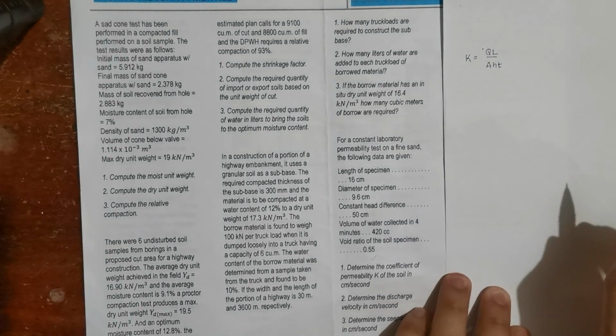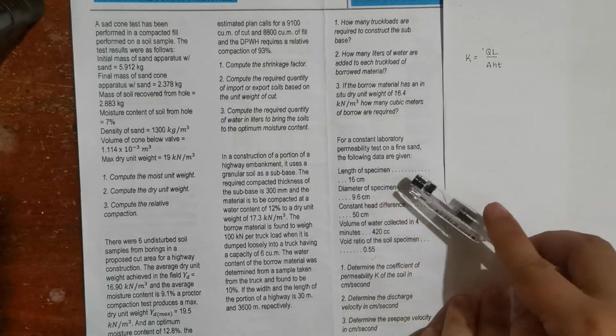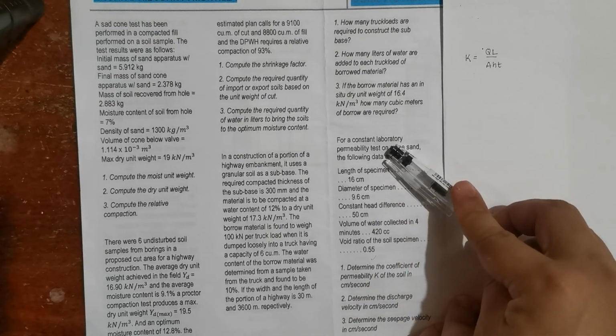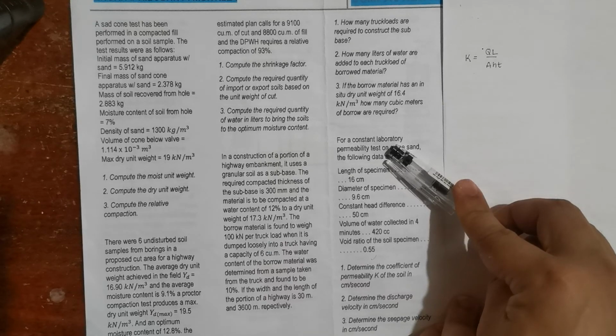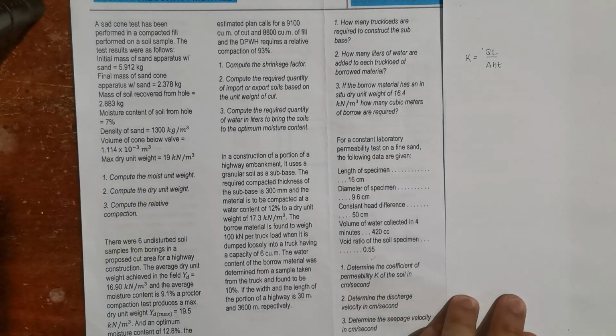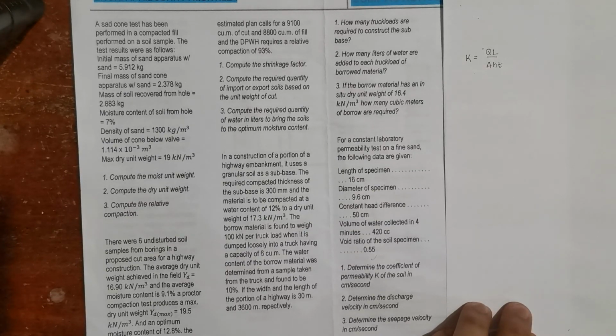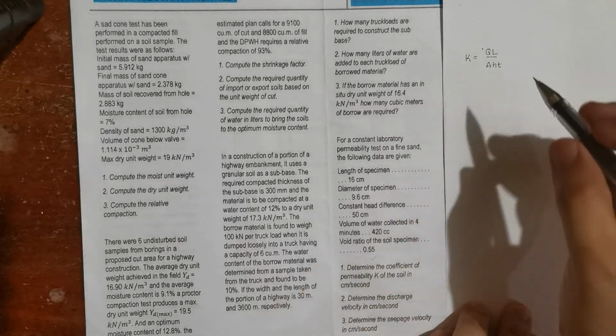So lahat na yan binigay. Dahil kapag sinabing laboratory test ng permeability, usually yung mga problems dito, direct substitution. Ang magiging problema na lang natin mismo ay yung consistency of units. So kailangan yung bantayan mismo yon.